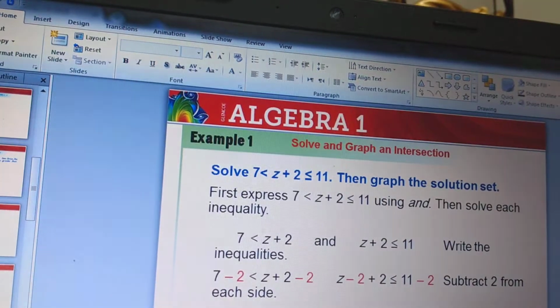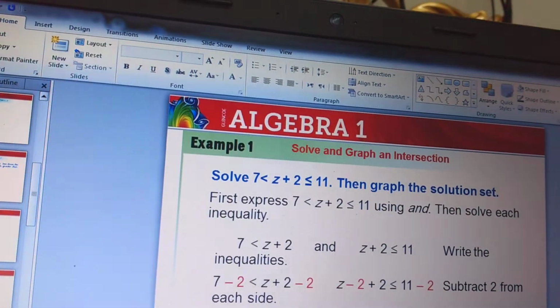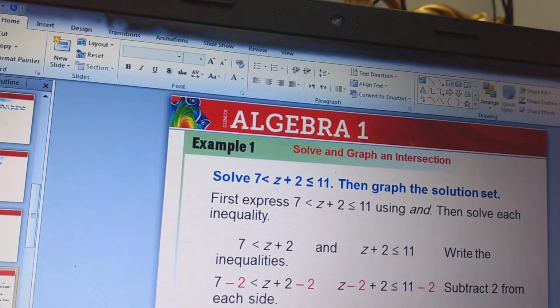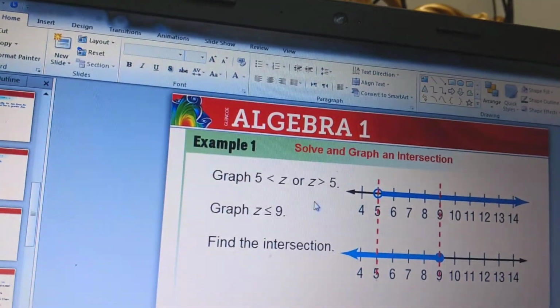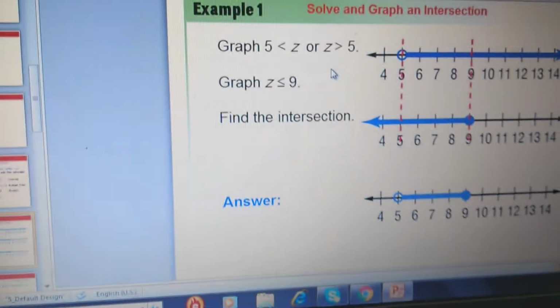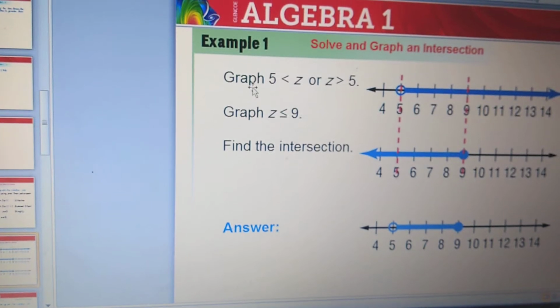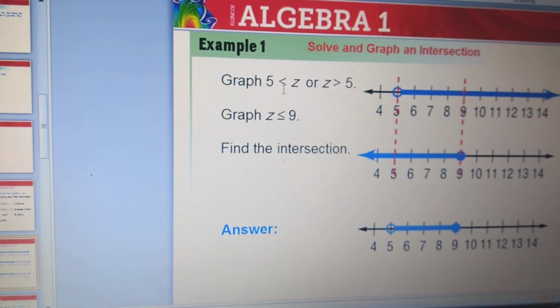Therefore, when I graph them, I will get a segment like here. Pay attention. You see? To graph them, boys, I graph each inequality alone. Graph z more than 5.